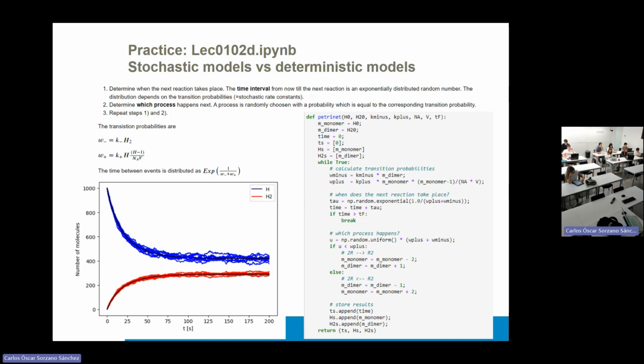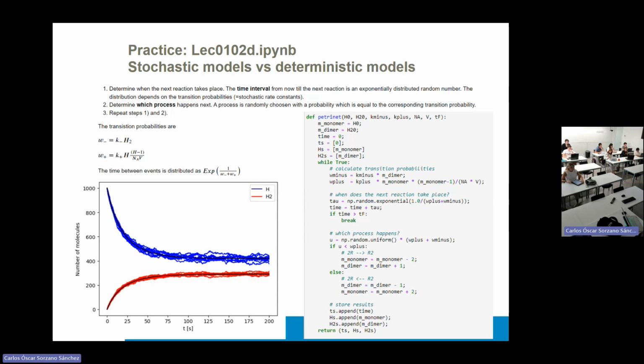So this time is distributed with an exponential function with this parameter, 1 over the sum of these two probabilities. So the higher the probabilities, the sooner that the next event will happen. Okay, so I can simulate that now.